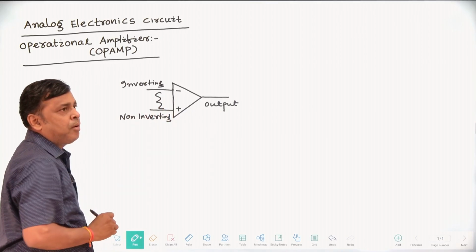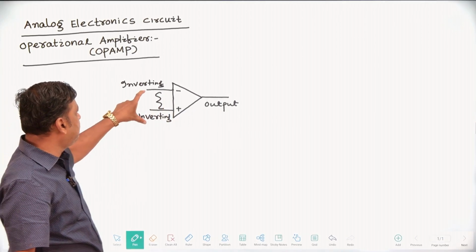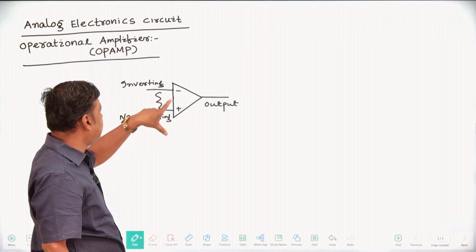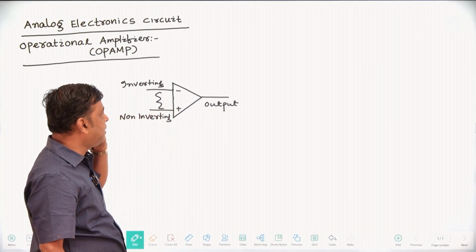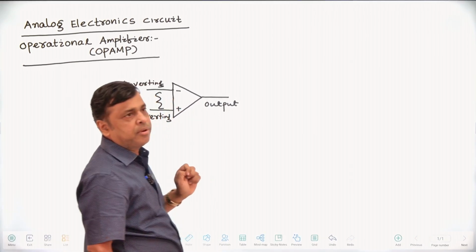So operational amplifier has two input terminals. One is the inverting terminal, that is the negative terminal. Another is the non-inverting terminal, that is the positive terminal, and another one is the output terminal.